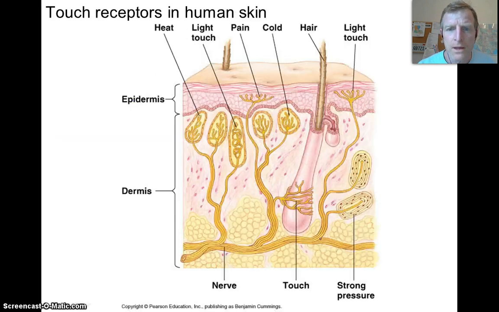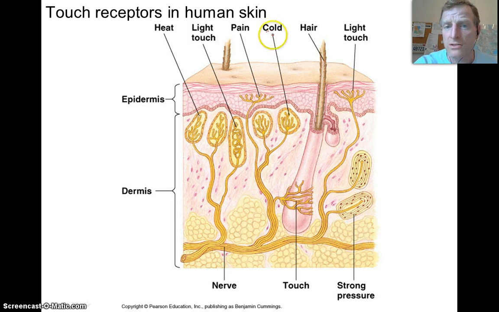Okay. So the last sense is the sense of touch. Now you might think that these are just nerve endings that respond to any sense of stimulation, but actually our sense of touch can be divided up into many different specific receptors.